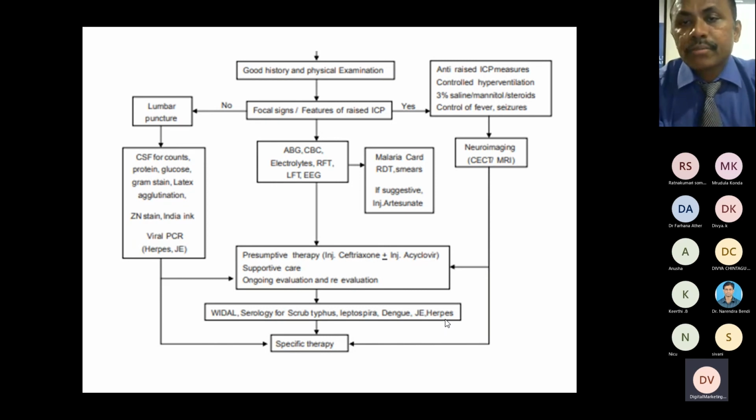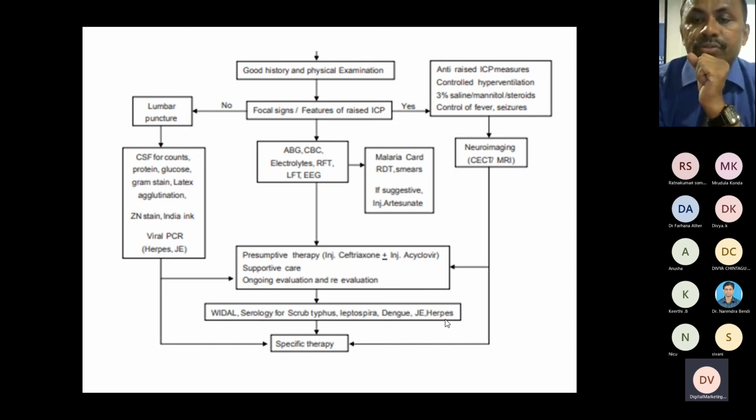So you give the ICP management protocol, and control hyperventilation. If the patient has hyponatremia, you probably would consider 3% saline, mannitol, and then if you think it is useful, you may give steroids, and control fever and seizures. These are all measures to decrease the intracranial pressure.